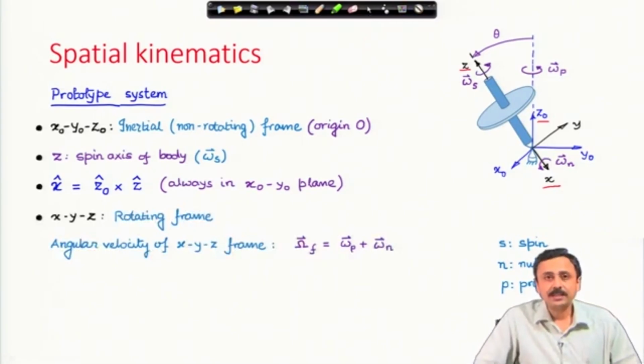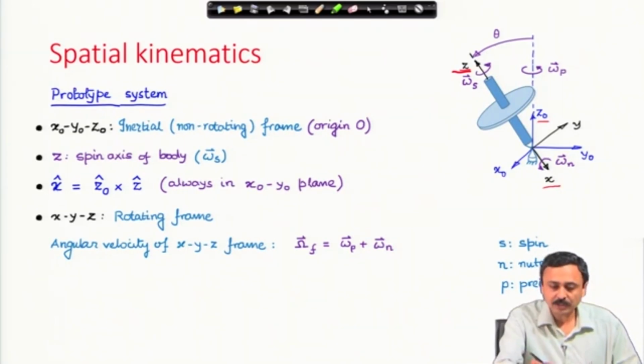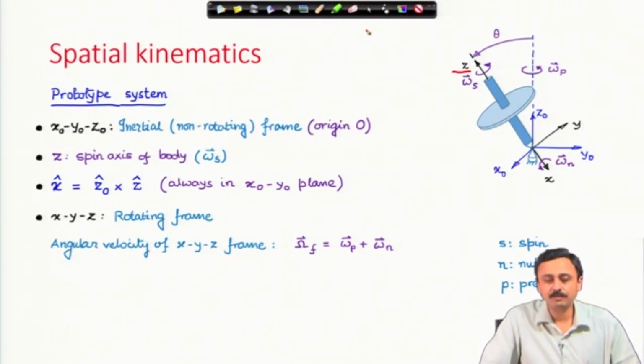Now, x, y, z is a rotating frame. Why is it a rotating frame? Because the z axis is rotating about the z naught axis. This is called precessional motion. The angular velocity of the frame x, y, z is given by capital omega f, that is equal to omega p, which is the precessional motion, plus the nutational motion.